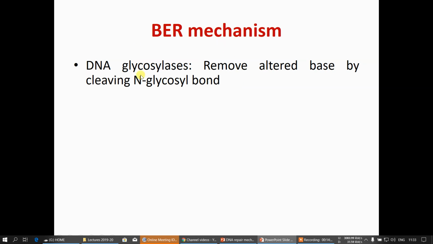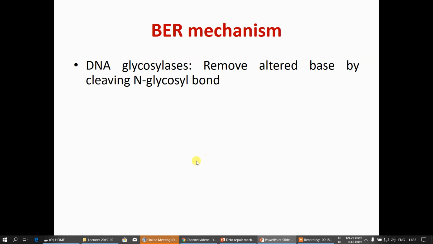First, a protein or enzyme, DNA glycosylase, removes only the altered base by cleaving the N-glycosyl bond that occurs between the nitrogenous base and the ribose sugar. That is the N1 or N9 glycosidic linkage between the nucleotide base and the sugar.